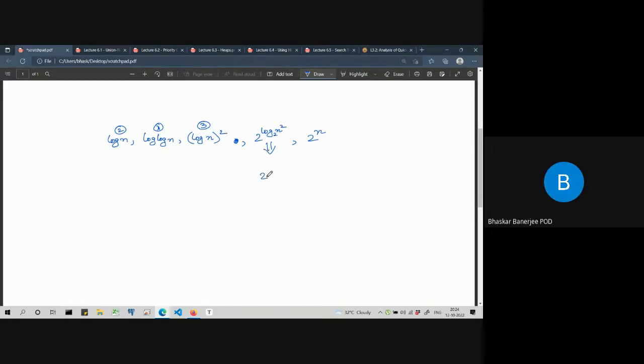Okay, so 2 power 2 log n. Anything else? Simply n might be there. How can you get n?